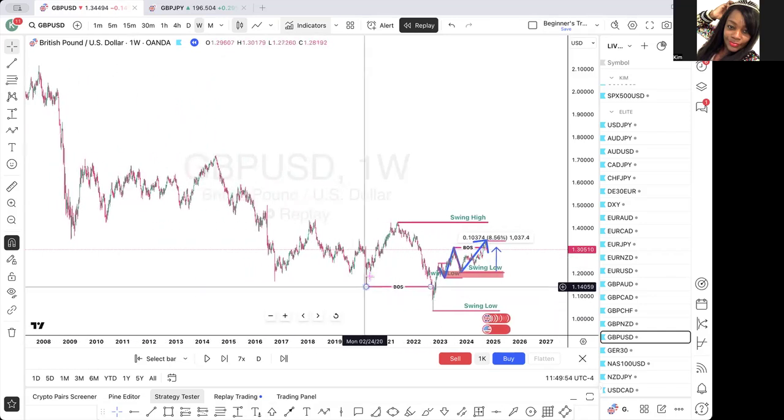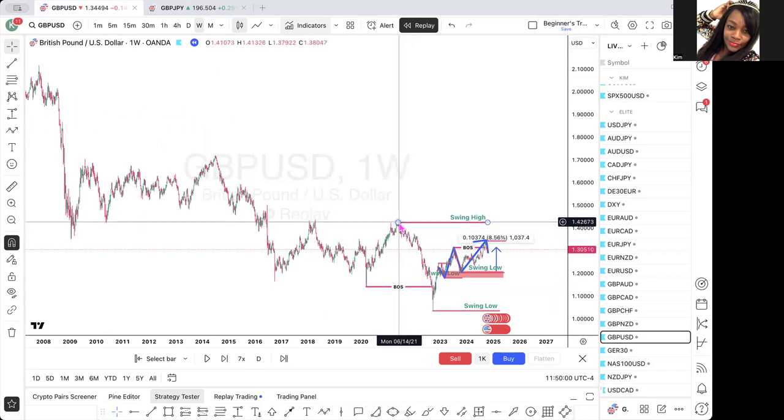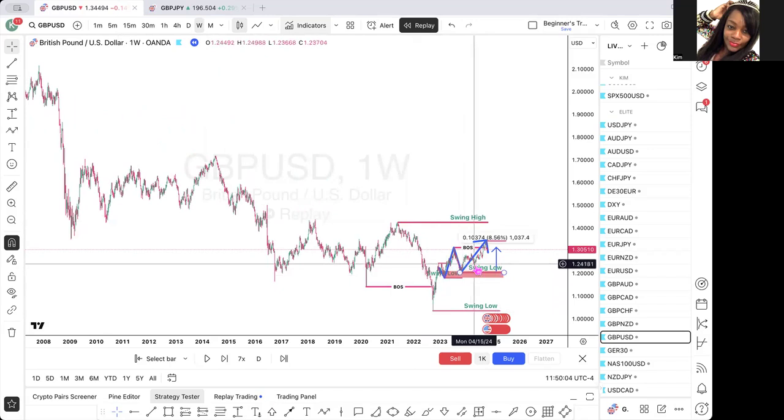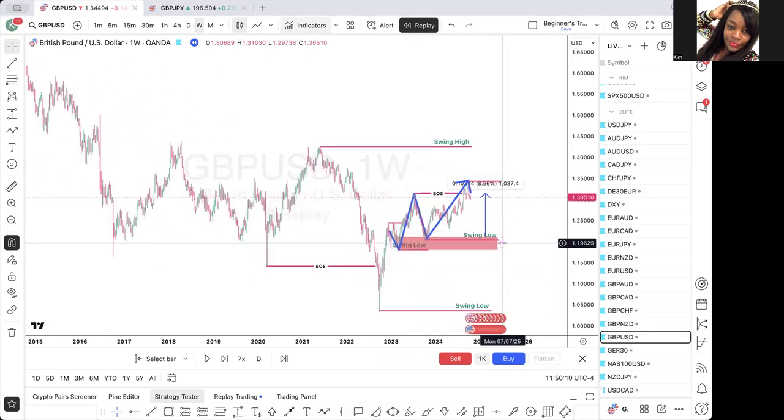So I can see the structure and clearly see price broke structure here, which makes this point my swing high and this my swing low. So now I'm just identifying structure, moving to my 78 or 88.